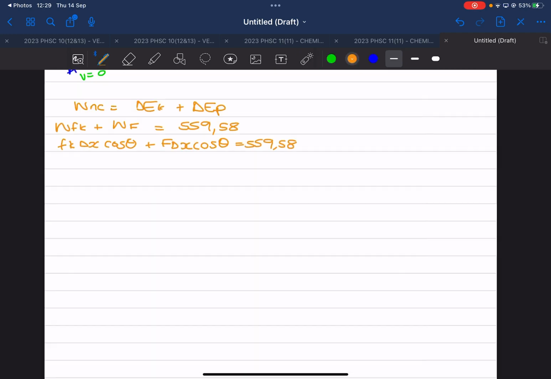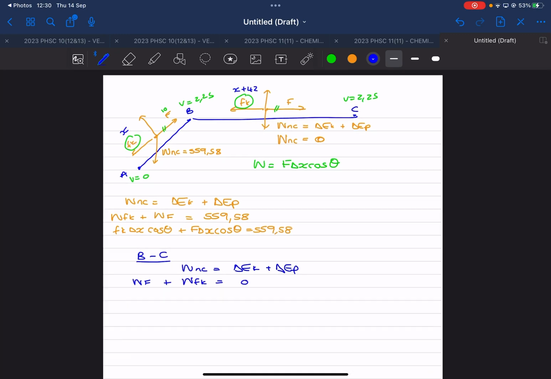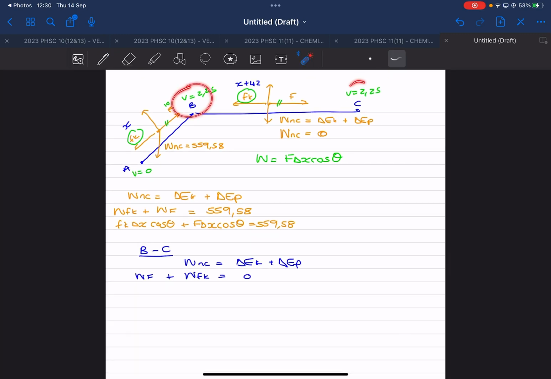Okay? So ek gaan nou kyk van B na C. The work done due to the non-conservative forces, change in kinetic plus change in potential energy. So dit gaan wees the work done due to the applied force plus the work done due to the frictional force is equal to 0. Okay, hoekom is dit gelyk aan 0? Want ons het gesê the velocity does not change, the height does not change.